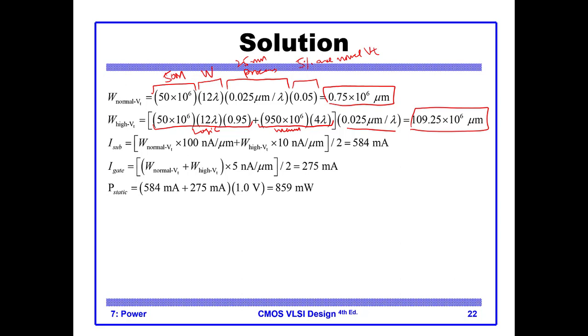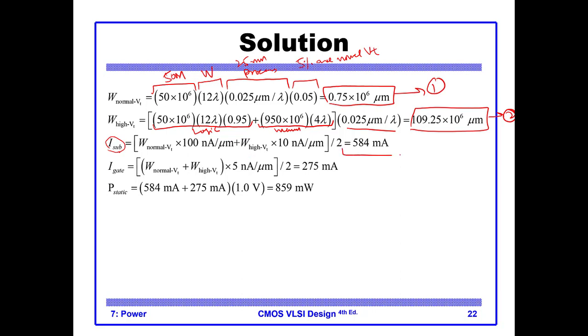Now the leakage current in the substrate, I sub, is basically the width of normal transistors, which we have calculated in equation 1, multiplied by 100 nanoampere per micrometer, which is given, plus the width of high threshold transistors, which is given in equation 2, multiplied by 10 nanoampere per micrometer, divided by 2.